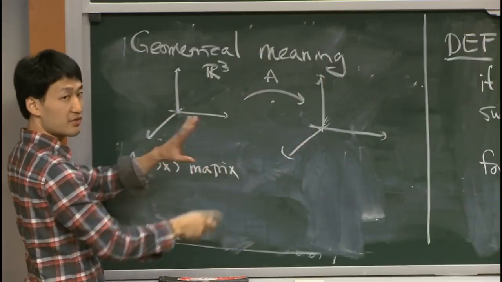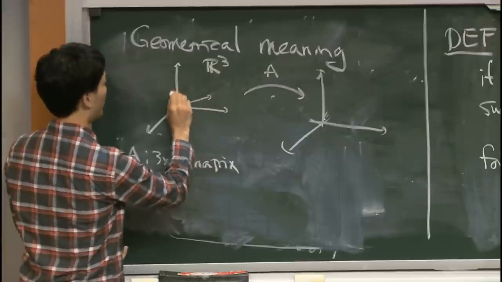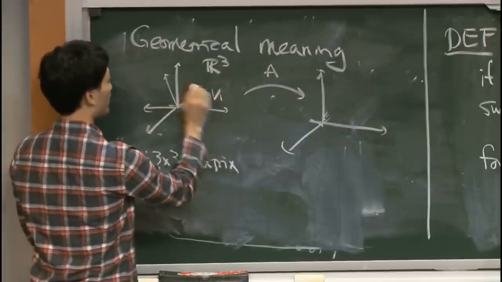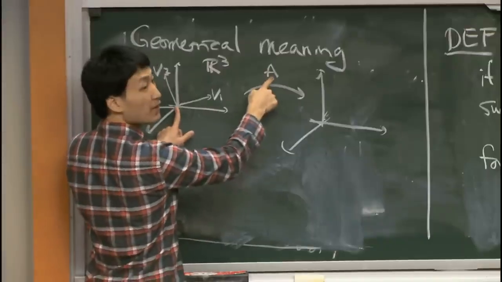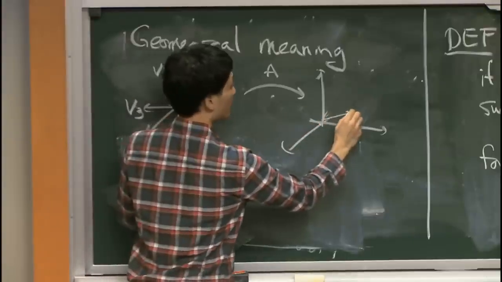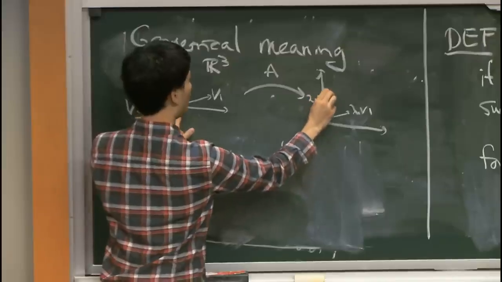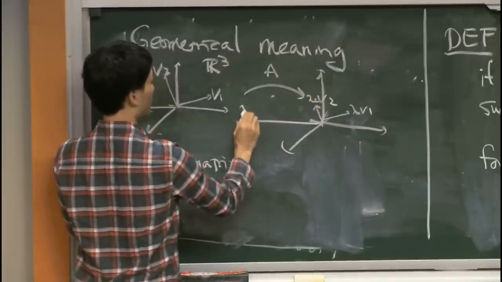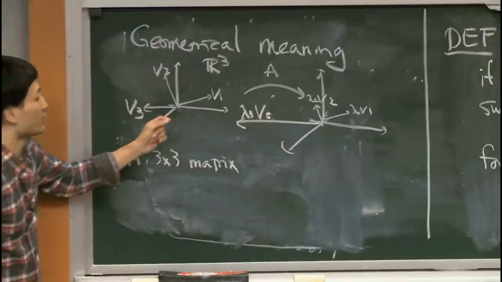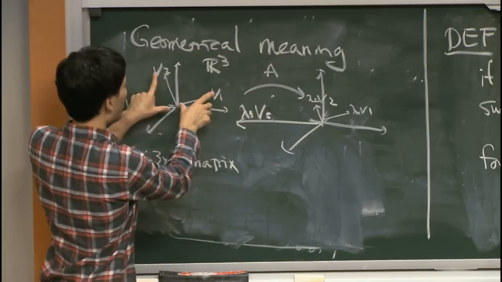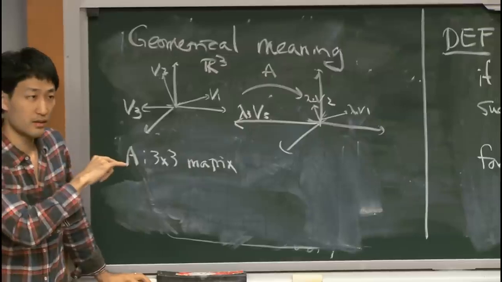If a matrix is diagonalizable, if this A is diagonalizable, there will be 3 directions, b1, b2, b3, such that when you apply this A, b1 scales by some lambda 1, b2 scales by some lambda 2, and b3 scales by some lambda 3. So you can completely understand the transformation A just in terms of these 3 vectors. Okay?